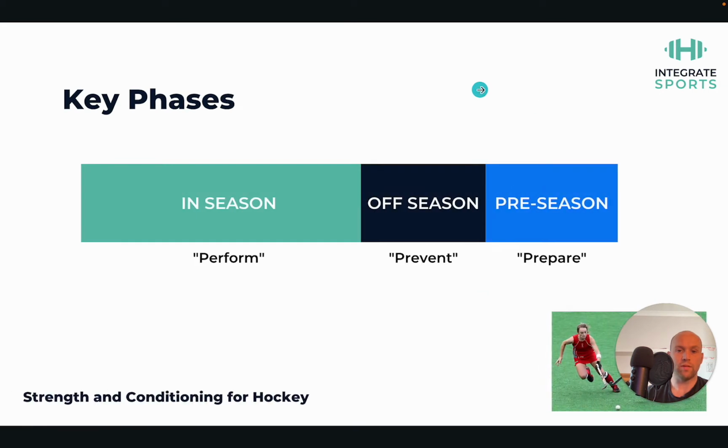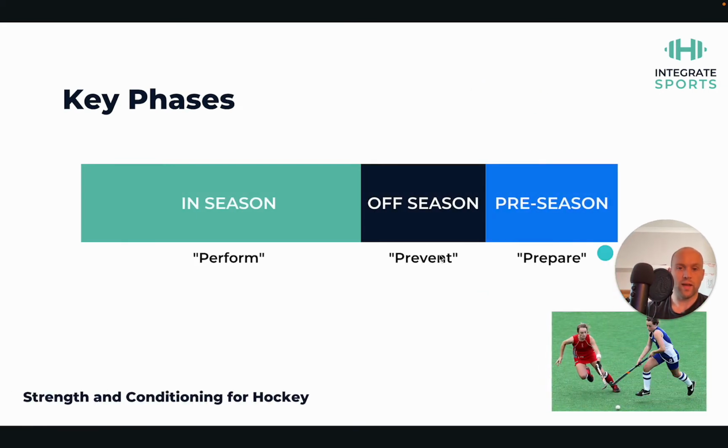So these are our three key phases ultimately. We have our in-season, which is when we're trying to perform week in, week out, so we're trying to offset the amount of fatigue during the week. Off-season is the prevent section. In other words, we're trying to prevent ourselves from detraining too much.